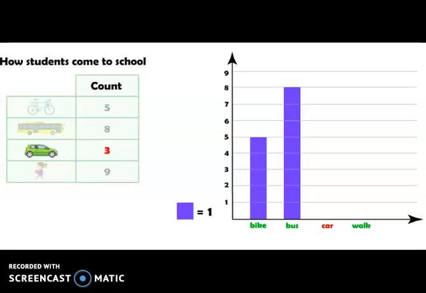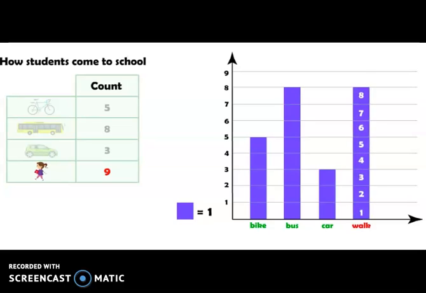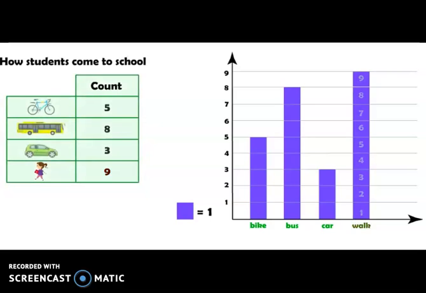So on top of the car category, we color 3 squares. Finally, there are 9 who walk to school. So on top of the walk category, we color 9 squares. And our bar graph is finished.